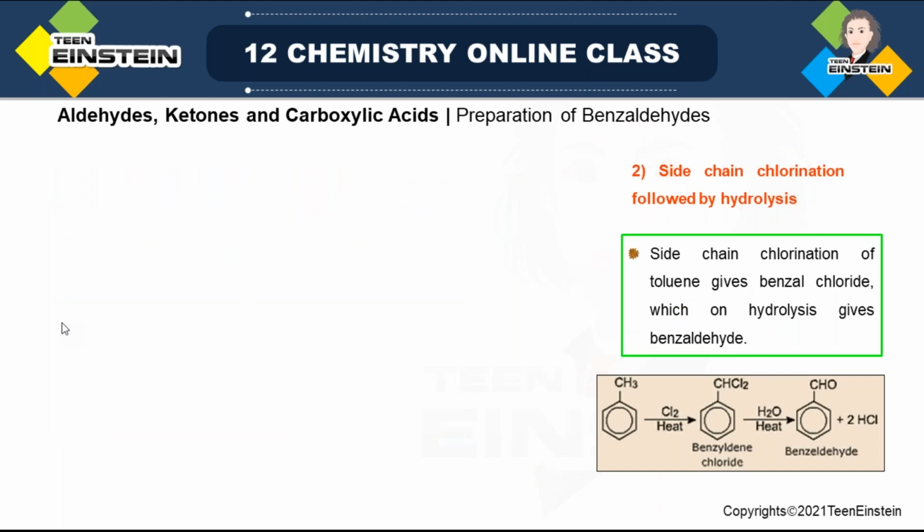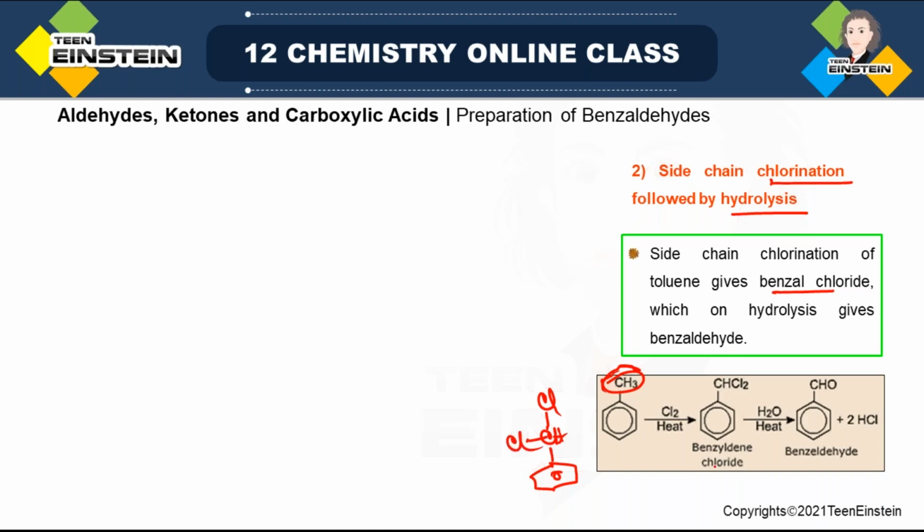The second method for preparation of benzaldehyde is side chain chlorination followed by hydrolysis. When we say side chain, it is actually this methyl group. Again we have taken toluene. Side chain chlorination of toluene gives, first, PhCHCl2, with two chlorines.